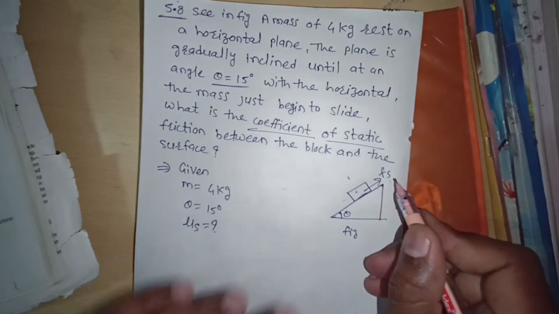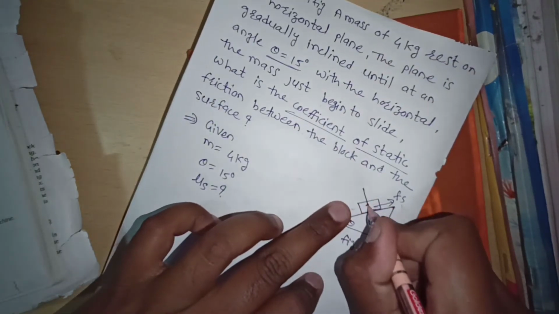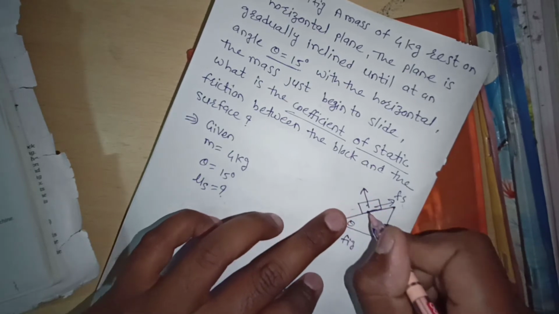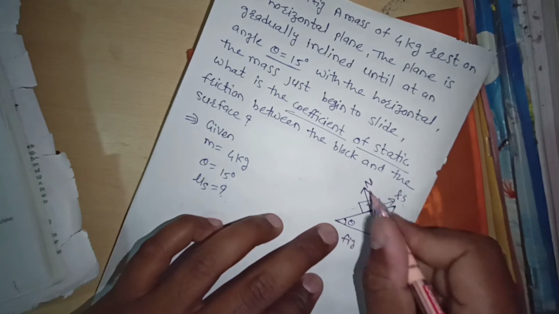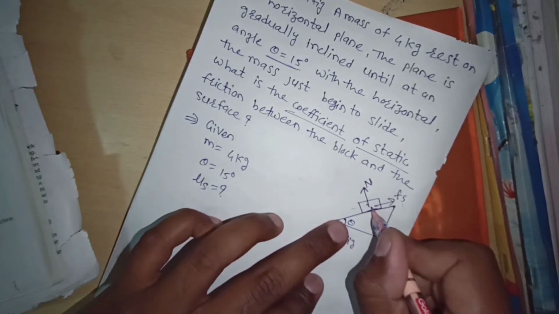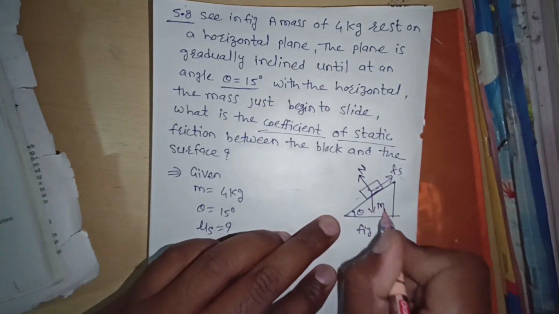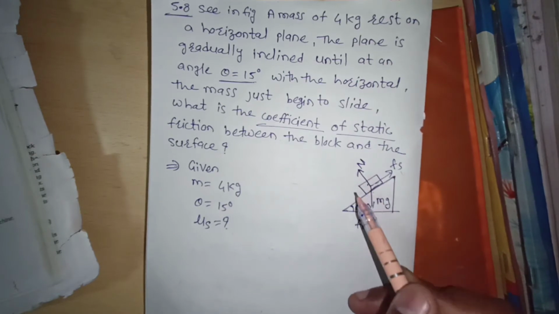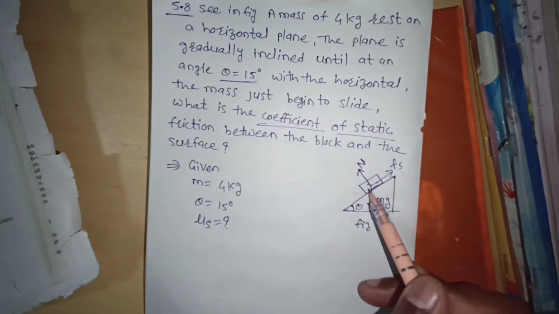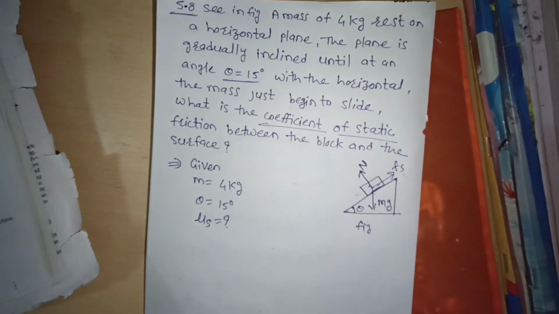The normal reaction force is normal, or perpendicular, to the surface. And mg, the force due to gravity, is in a downward direction. So there are three kinds of forces: normal reaction force, static friction opposite to the direction of motion, and mg downward.